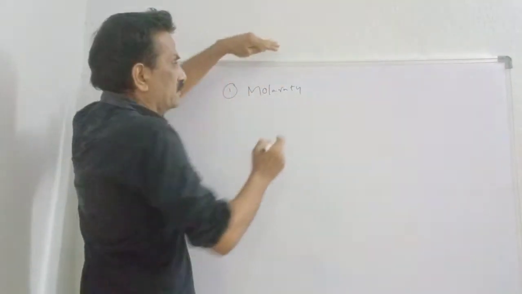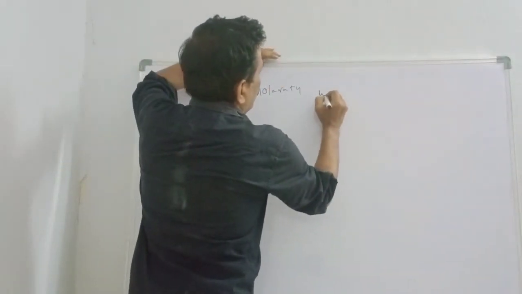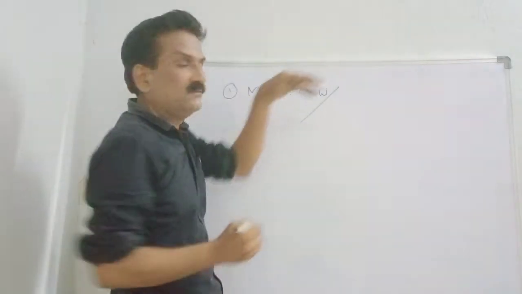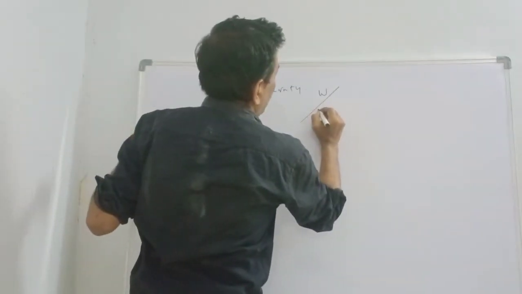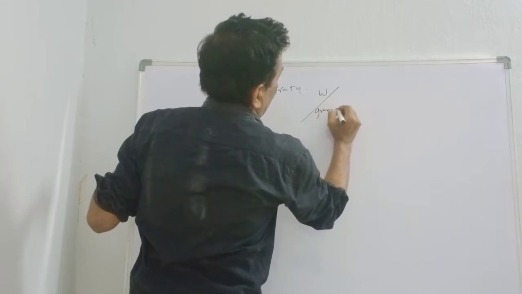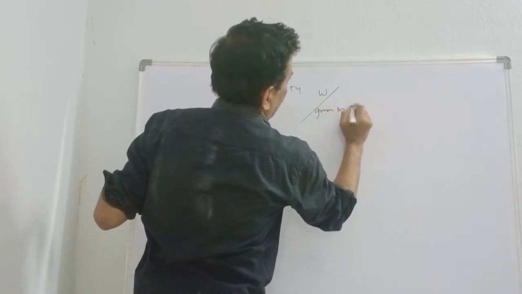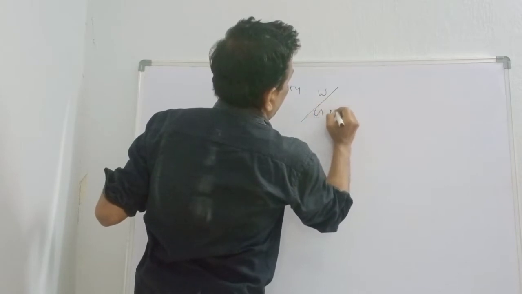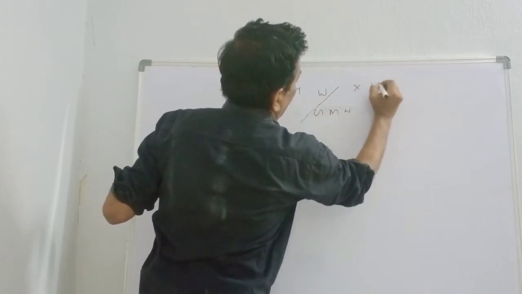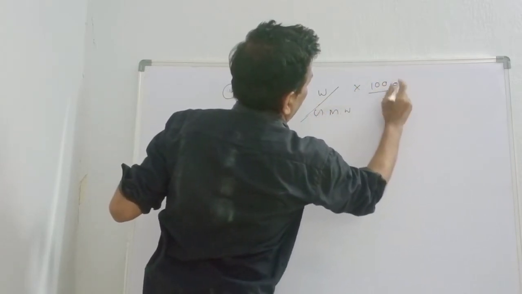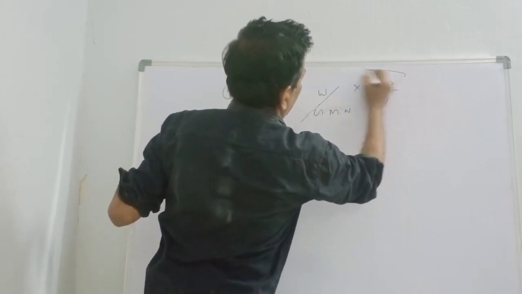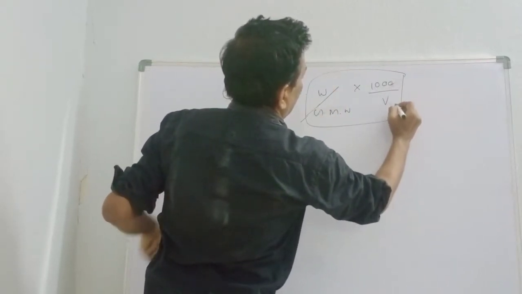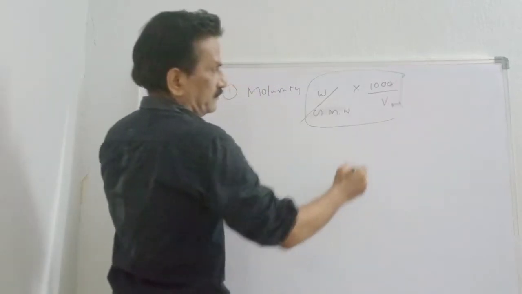Okay, molality is equal to weight of the substance by gram molecular weight into 1000 by ml volume.